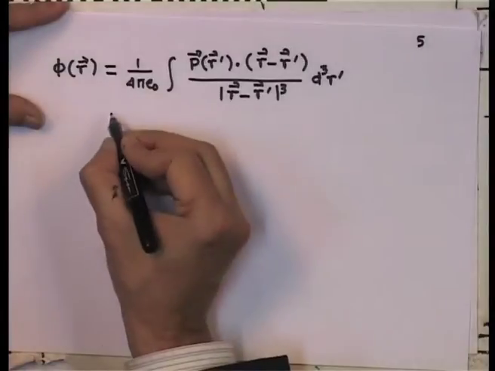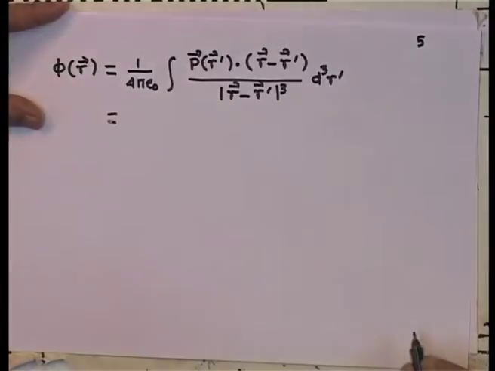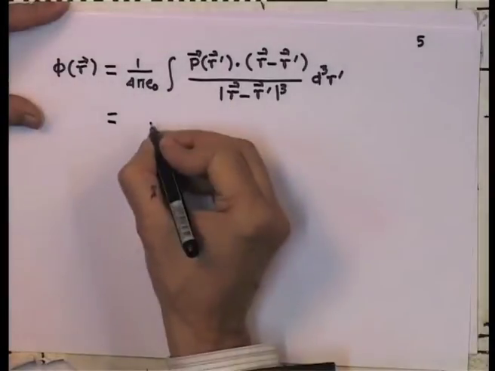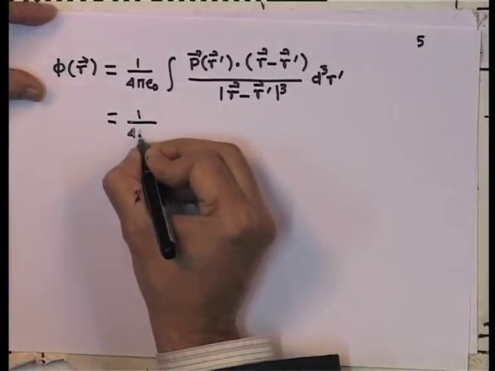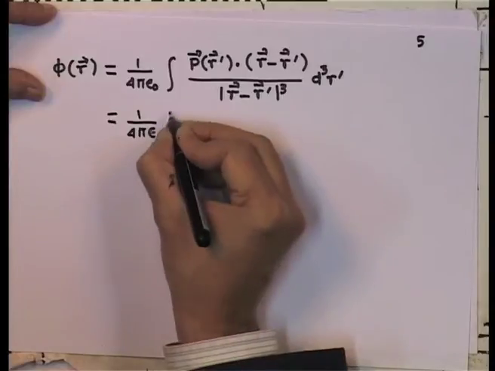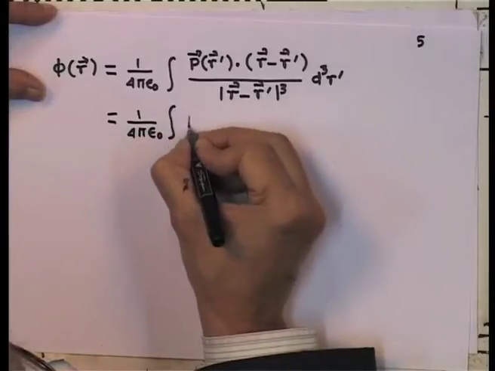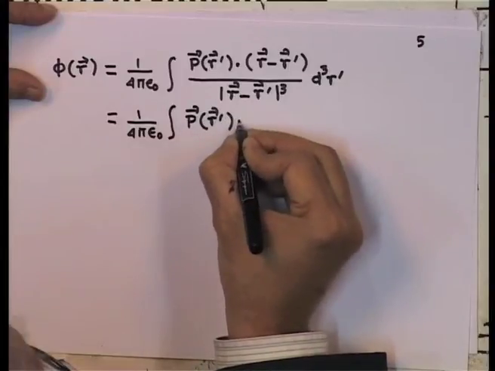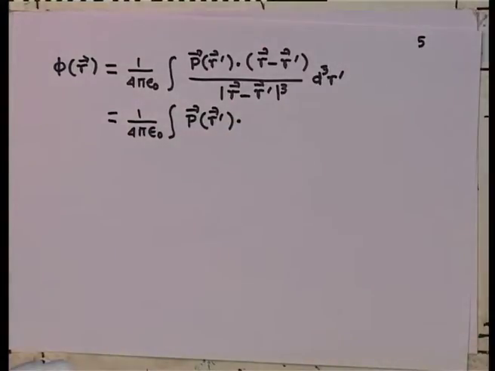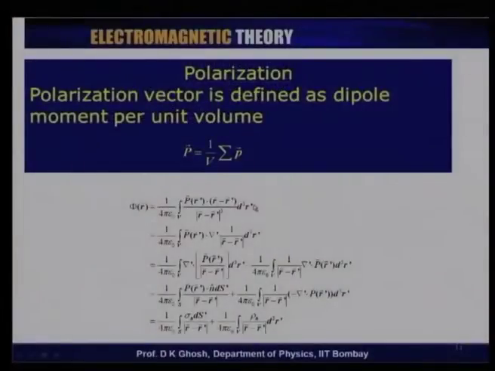Now, I want to do some calculus with it. So, notice this, that I will write this as 1 over 4 pi epsilon 0. Let me write this P of r prime separately, dotted with r minus r prime by r minus r prime cubed.